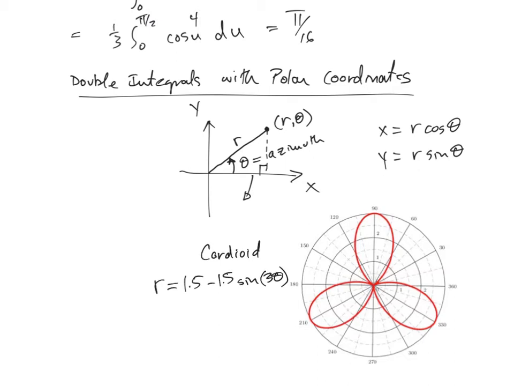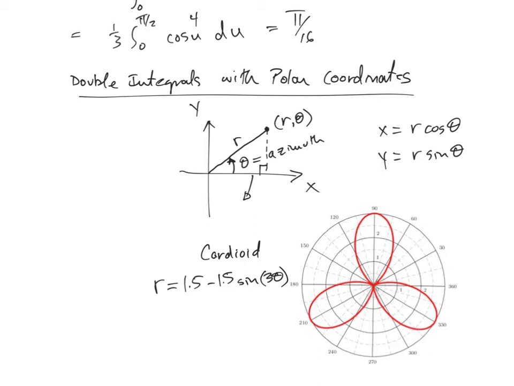So a relatively simple expression which is describing a relatively complicated 2-dimensional curve. For curves like this, it's much easier to express them with polar coordinates than it would be for x and y. You can do it, but it just lends itself more easily to polar coordinates.